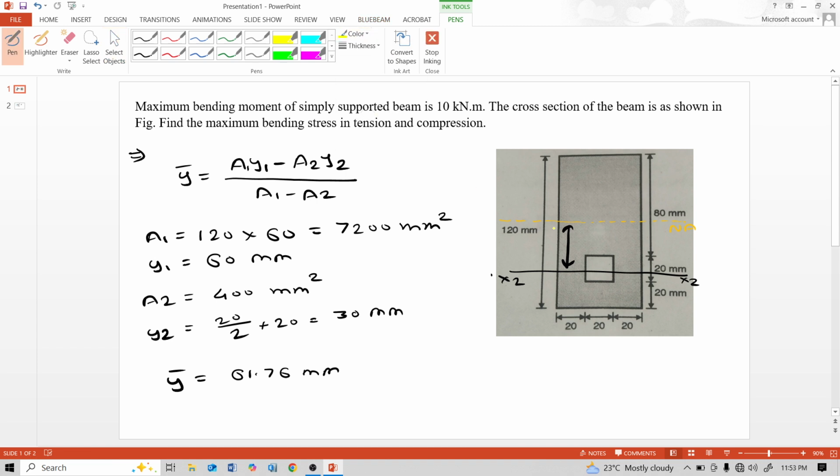This distance is y bar, that means 61.76 mm, minus this distance, 20 plus 20 by 2, 30 mm. Y bar minus 30 mm is this distance. Y bar is 61.76 minus 30 mm.